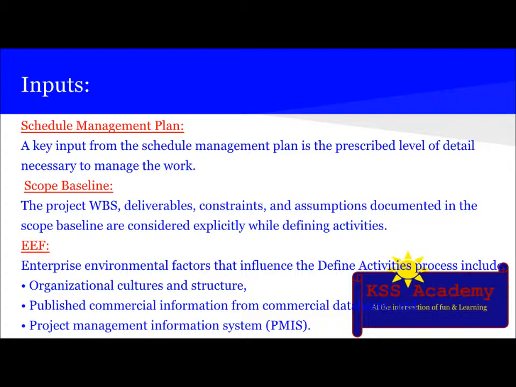A key input from the schedule plan management is the prescribed level of detail necessary to manage work. In case of scope baseline, the project WBS, that is work breakdown structure, deliverables, constraints, and assumptions documented in the scope baseline are considered explicitly while defining activities.